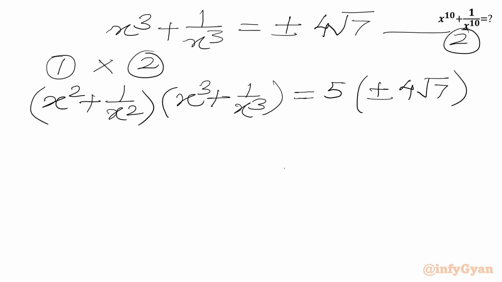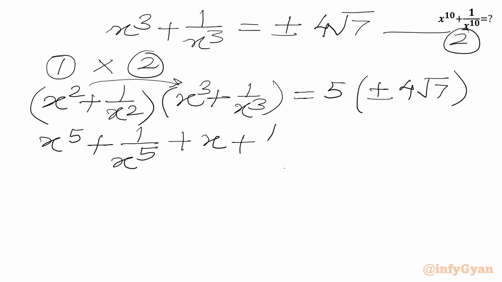Let's multiply x square times x cube. We will get x power 5. 1 over x square times 1 over x cube, 1 over x power 5. 1 over x square times x cube gives x, x square times 1 over x cube gives 1 over x, equal to plus minus 5 times 4 is 20 square root 7.